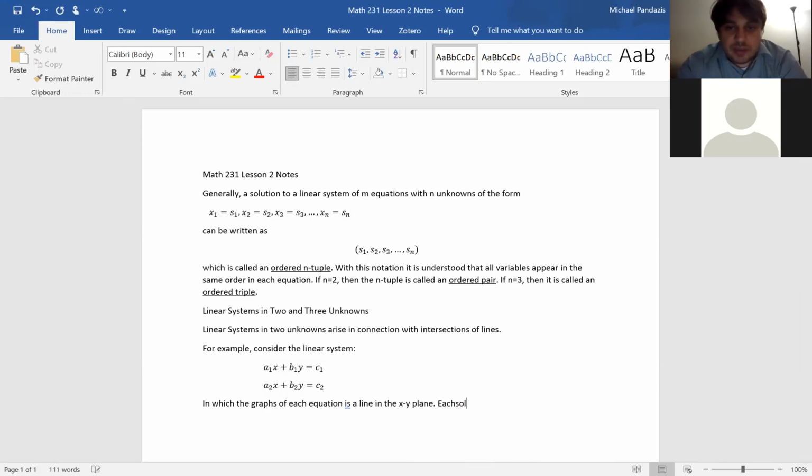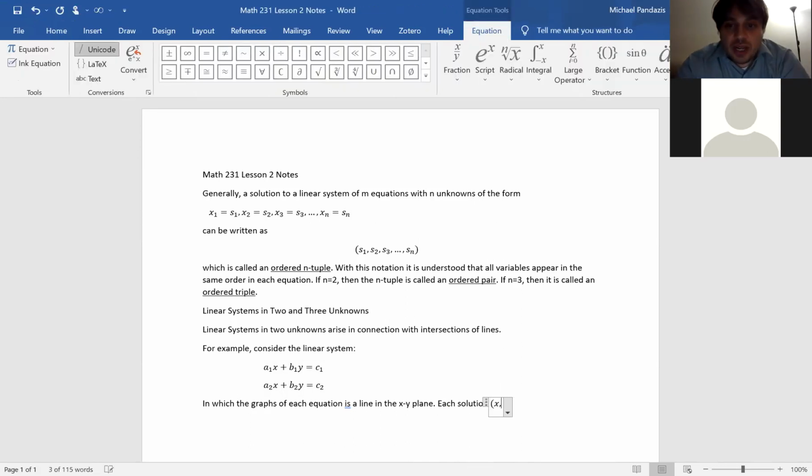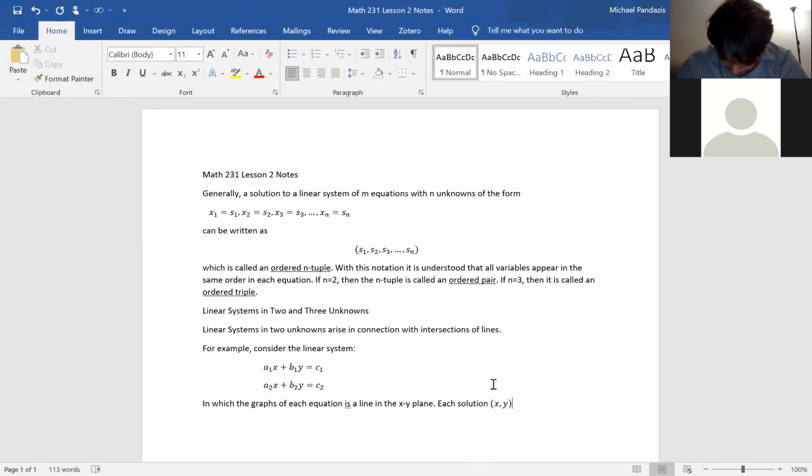So this is what I was saying before. Each solution x comma y of this system corresponds to a point of intersection of the lines. So there are three possibilities.